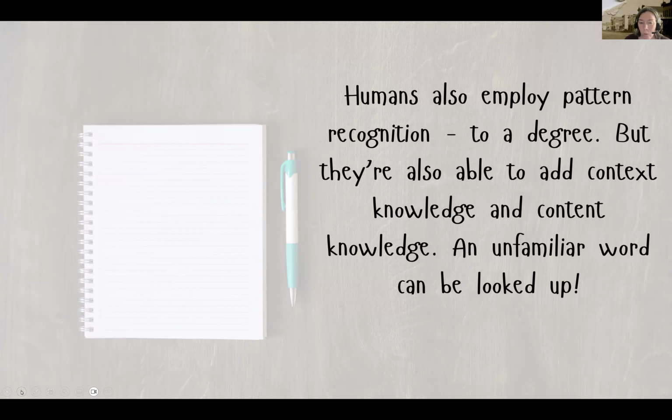I know working as a translator, I often will be able to figure out what the next word should be simply because I know the boilerplate so well. It's the same process. But the human translator has the ability to add context knowledge and content knowledge. A human can catch that the phrase looks a little strange, or that this might be an older spelling. An unfamiliar word can be looked up.